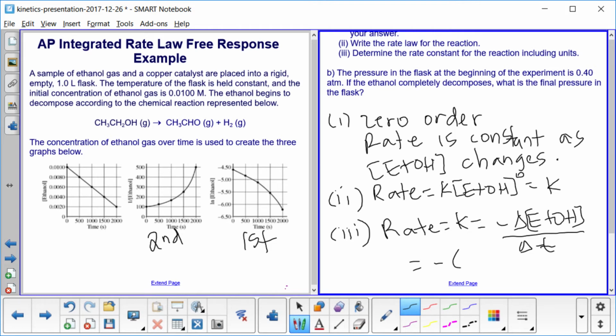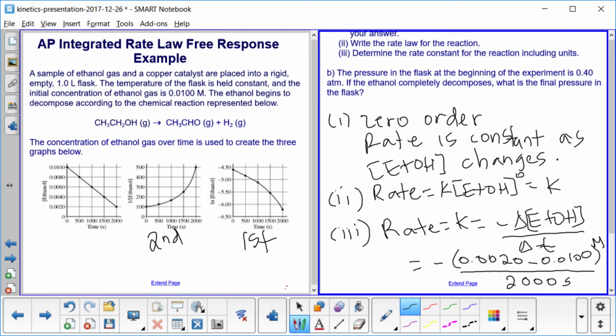So 0.0020 minus 0.0100 divided by 2,000 minus 0. It's just 2,000, and this is molarity.